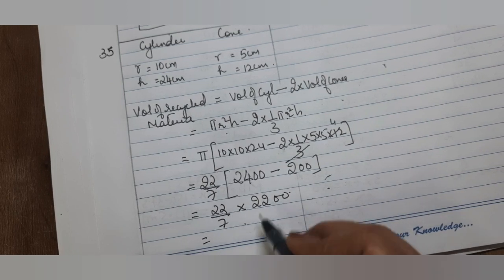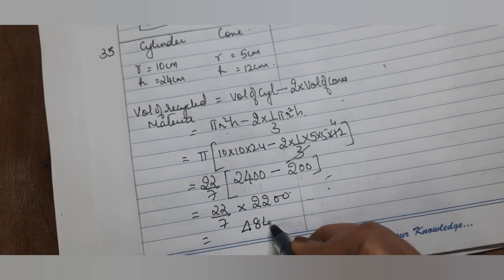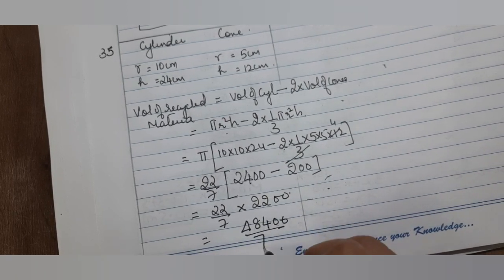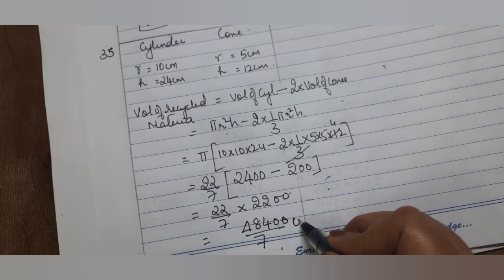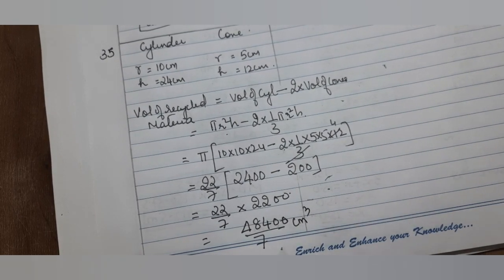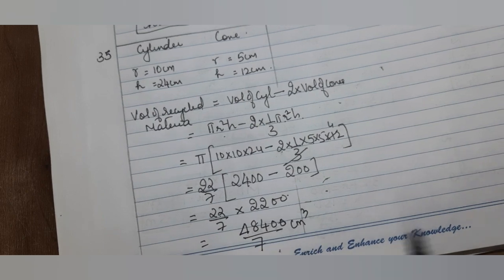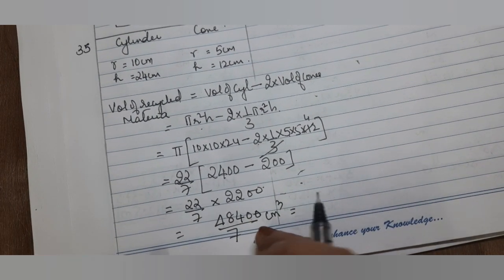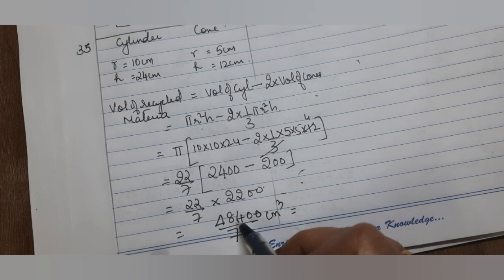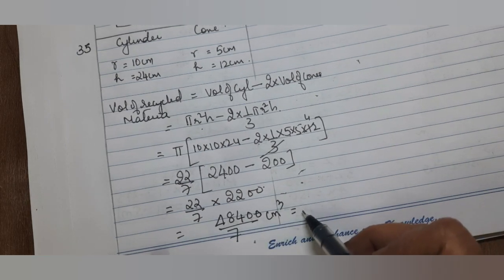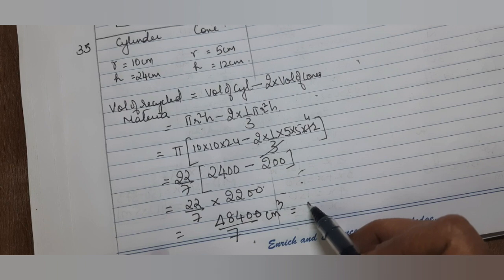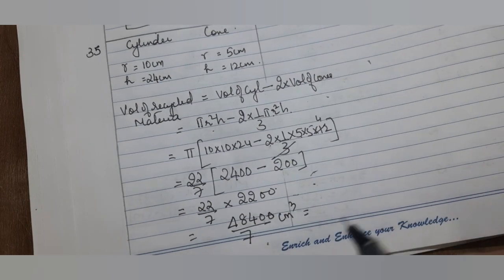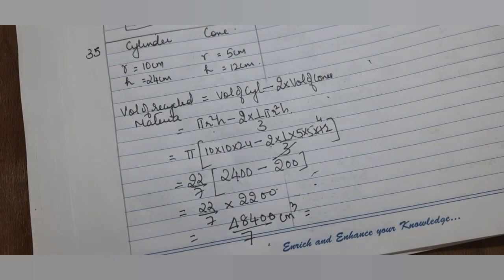So we get 22 into 22, 484 by 7 centimeter cube because it is volume. You can find the decimal value and put it over here. Check out for the decimal value, divide it. It's better to do always one step extra. So work out decimal value and keep it.